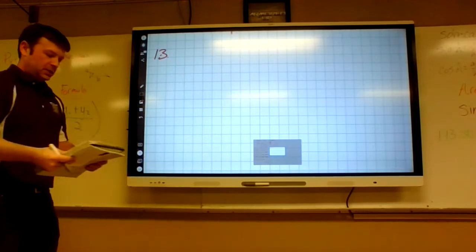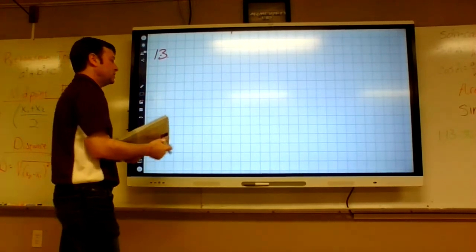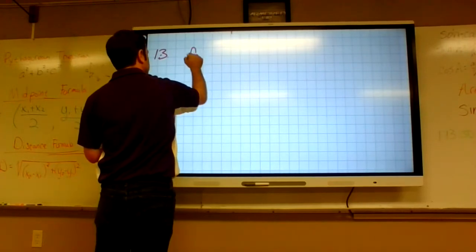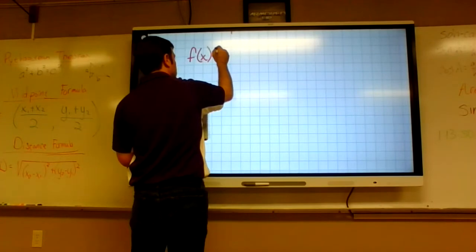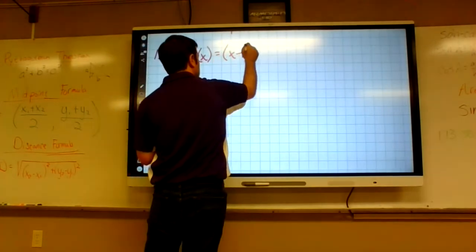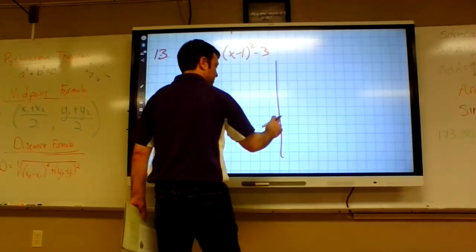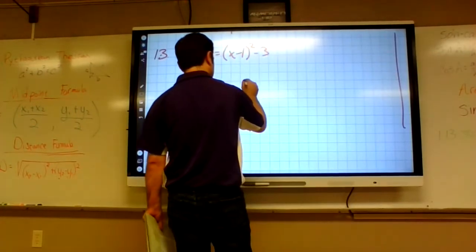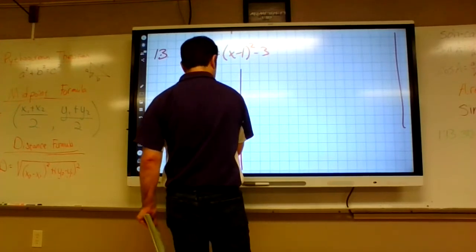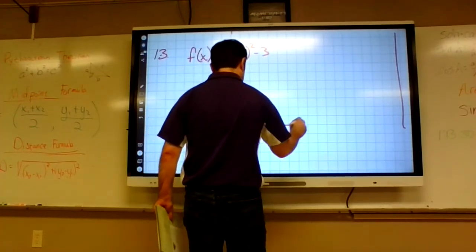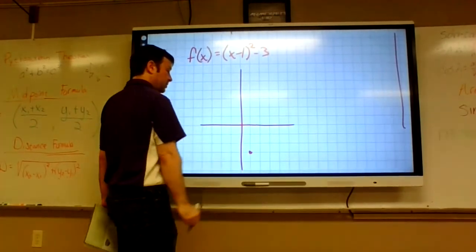Okay, 13, the next one. Where is the vertex going to be for 13? 1, -3. This one we can draw pretty much normal, because it's starting down and going up.